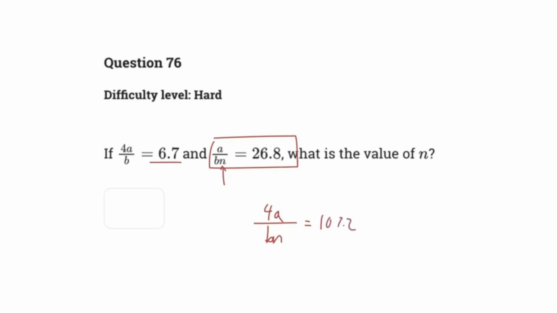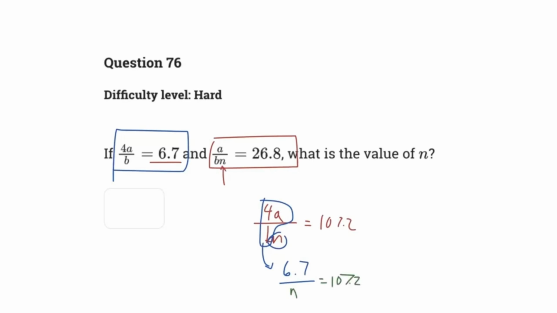Alright, so now it's just time to simplify, right? So what value of n would make this true? Well, because we don't actually know what the value of a or b is, we have to infer that based on our given information. We know 4a over b is 6.7, and we have 4a over b in our equation. So this simplifies out to just 6.7 over n, which is equivalent to 107.2.